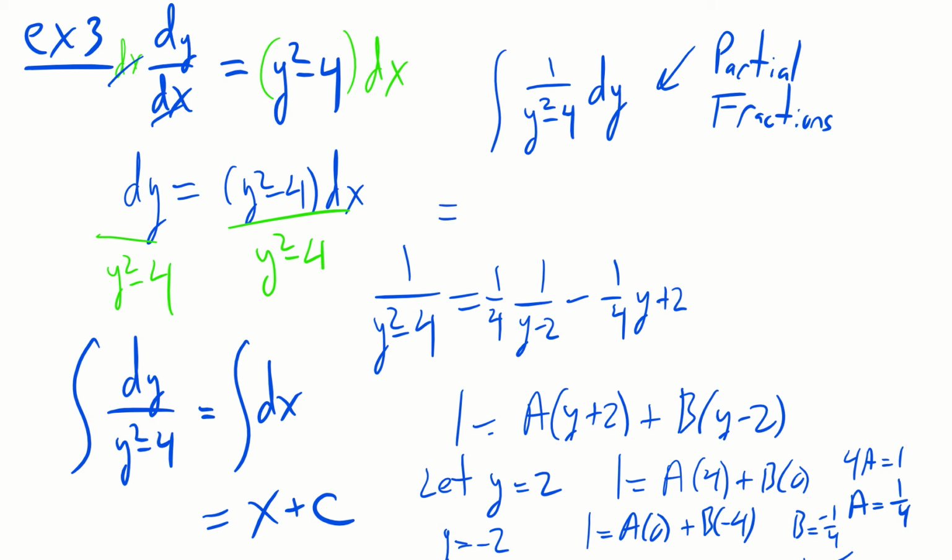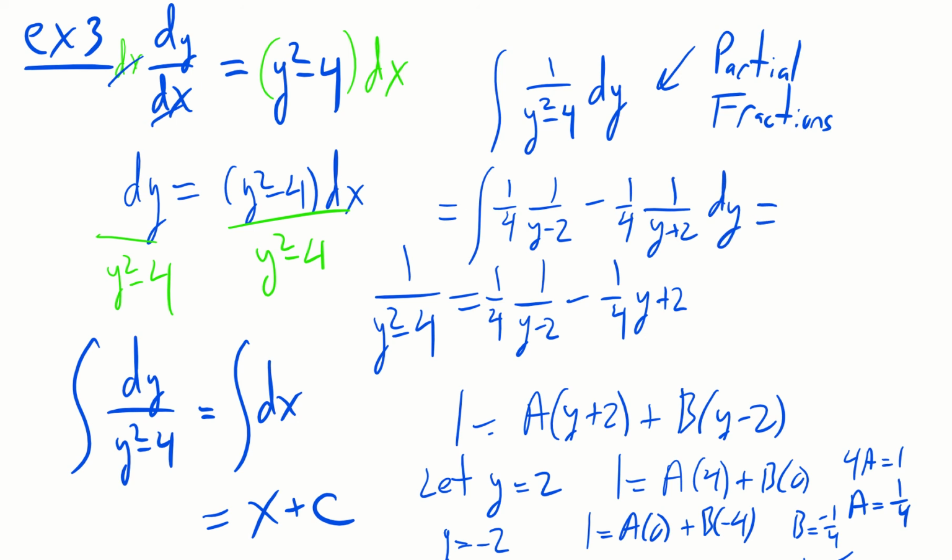So we're able to rewrite this as the integral of 1/4 times 1 over y minus 2 minus 1/4 times 1 over y plus 2 dy.